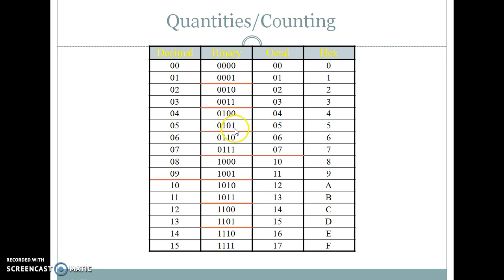Then 101, 110, and 111, and so on. So the equivalent of the decimal number 15 is 1111 in binary, 17 in octal, and F in hexadecimal.